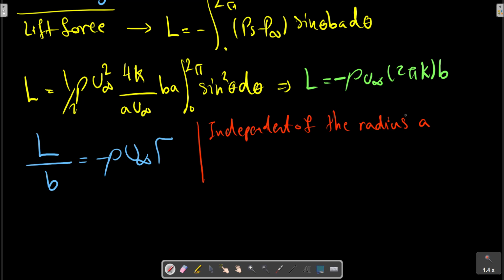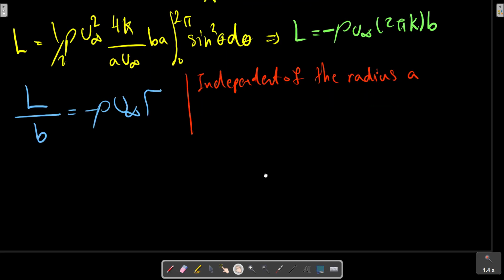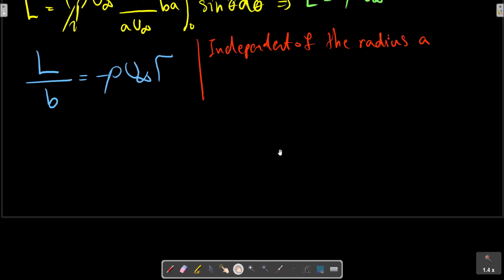Actually, though, as we shall see in the previous section, the circulation gamma depends on the body size and the orientation through a physical requirement. We can state a result for the lift force.